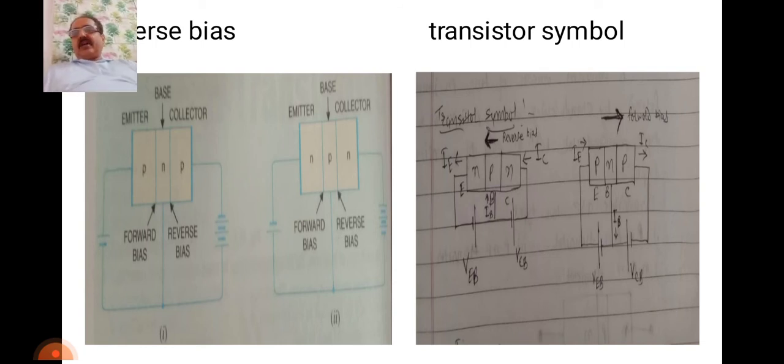First we have to consider what is meant by the emitter. The section on one side that supplies charge carriers is called the emitter. The emitter is always forward biased with respect to the base, so that it can supply a large number of majority carriers. We have to consider this in the figure.